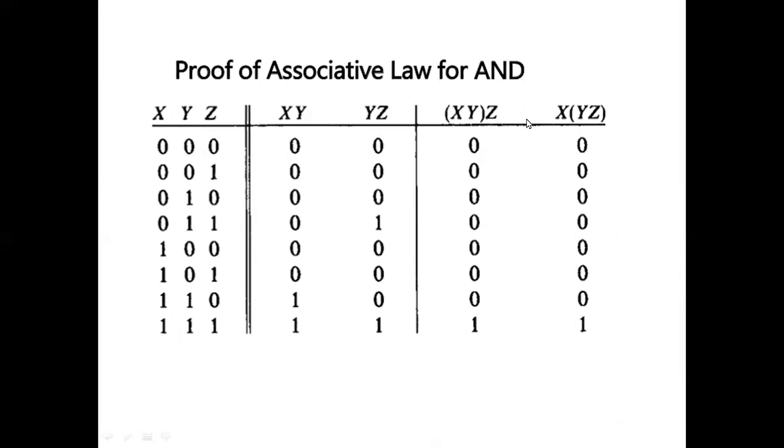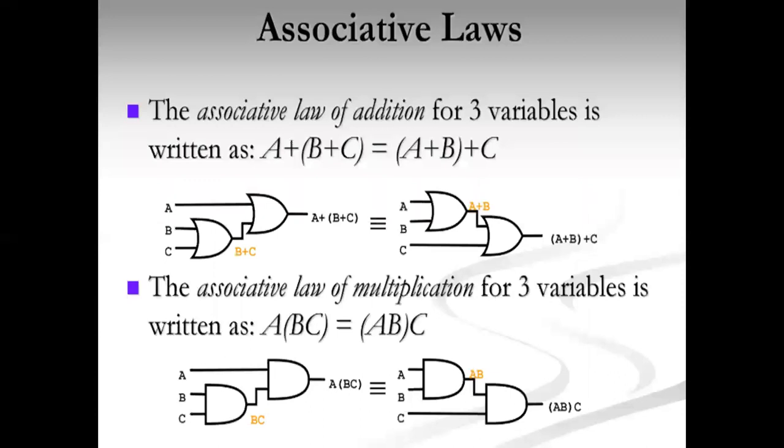You can have the variables as (AB) dot C is equal to A dot (BC). I want everyone to prove the associative law for addition, that is using the OR gate. The first proof is (A plus B) plus C is equal to A plus (B plus C).